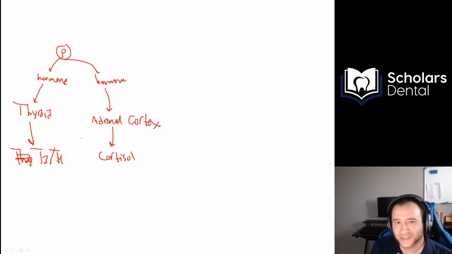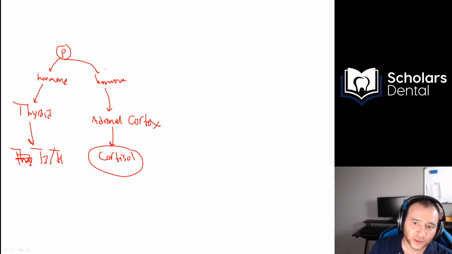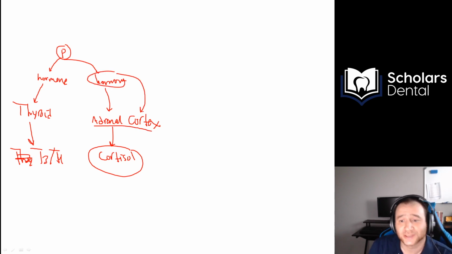The way you release hormones usually works from chemical signaling. For you to release cortisol, you have to wait for the pituitary to chemically communicate with the adrenal cortex. So it's sending a hormone. The hormone has to go through the body, get to the adrenal cortex, tell it, hey, you have to start making cortisol, and then it makes cortisol.